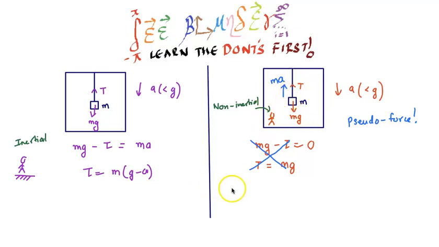So the net force, mg minus T minus ma, must be 0 according to this observer, because the block is at rest according to him. And so T would be m times (g minus a), which is great. We get the same answer as before. So this makes more sense, right? The tension in the string should be independent of the frame of reference.